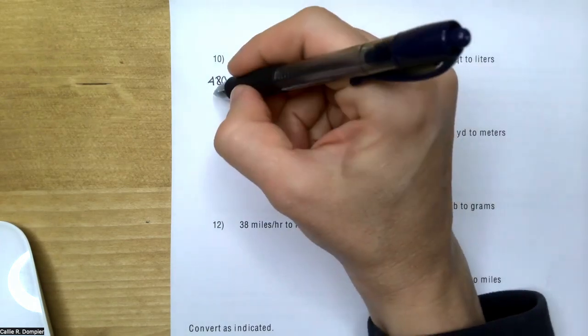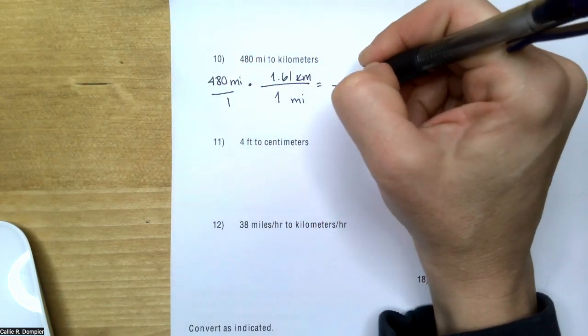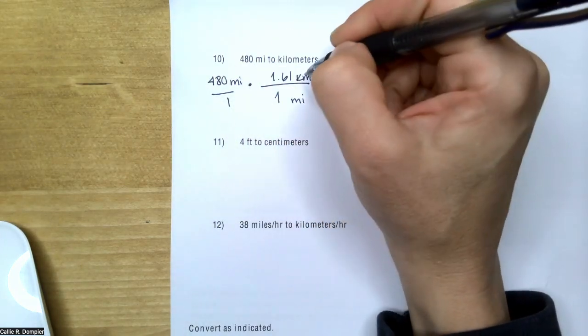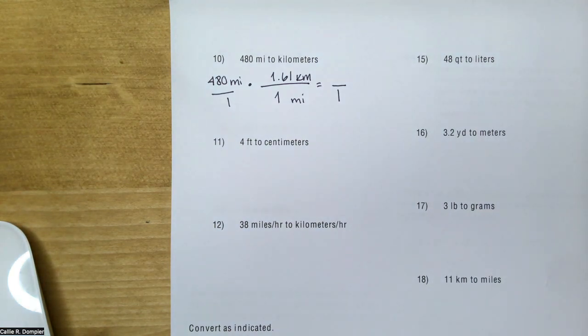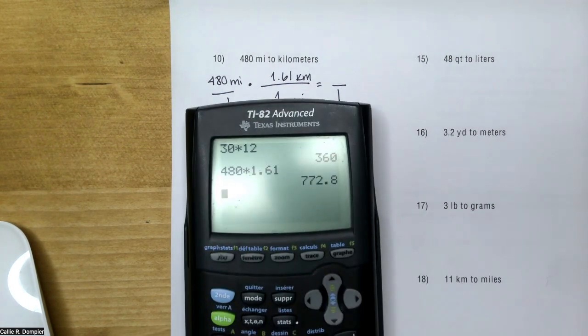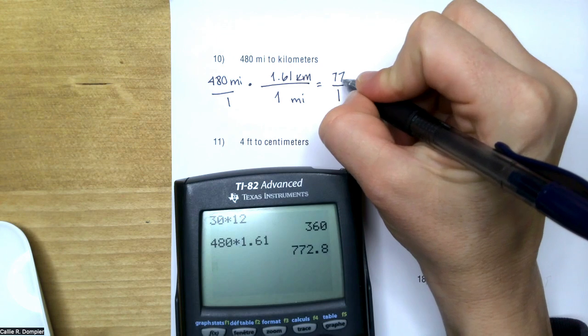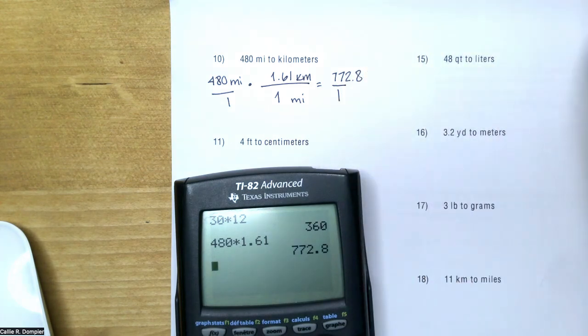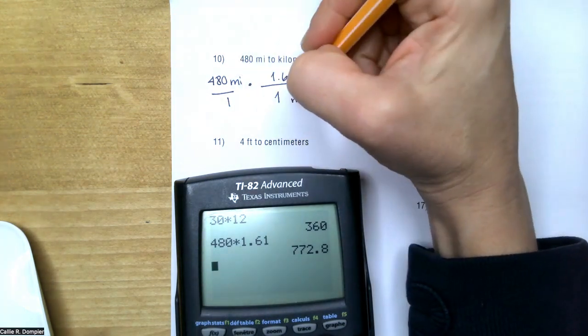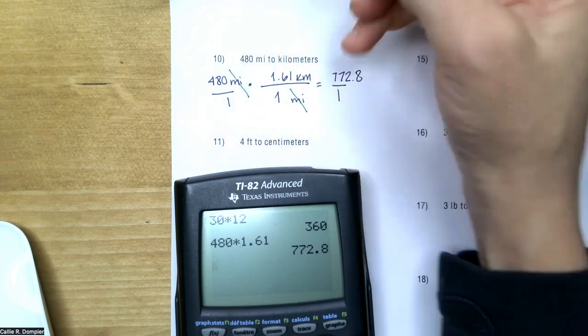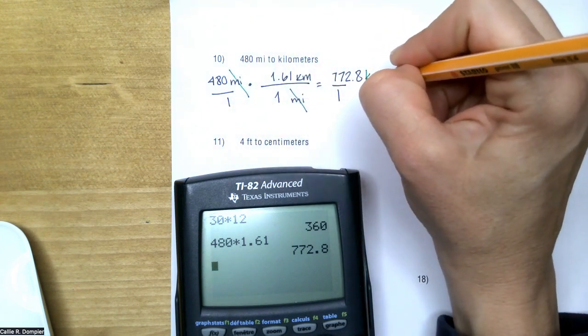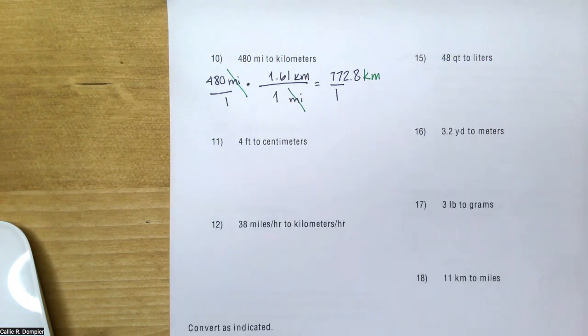I'm going to multiply straight across. So we just have 1 on the bottom. It's 480 times 1.61, which gives us 772.8. And then what are our units? Well, we had miles here and miles here, so we're going to cancel them, and we're going to say that those are kilometers. 480 miles is 772.8 kilometers.